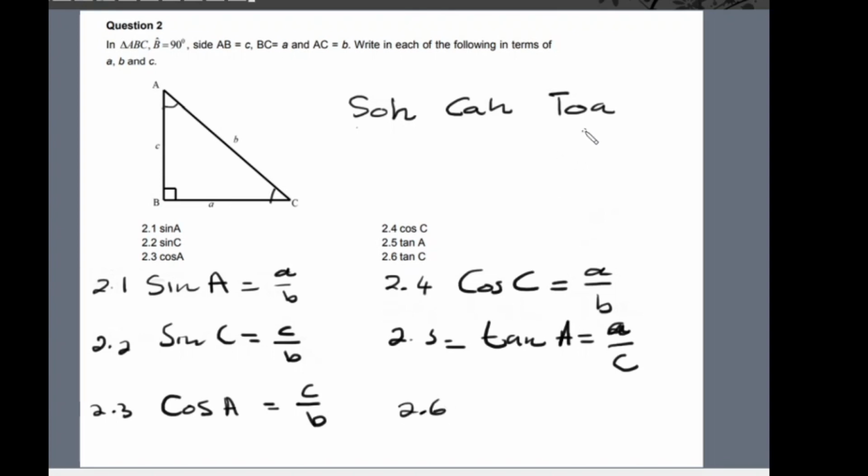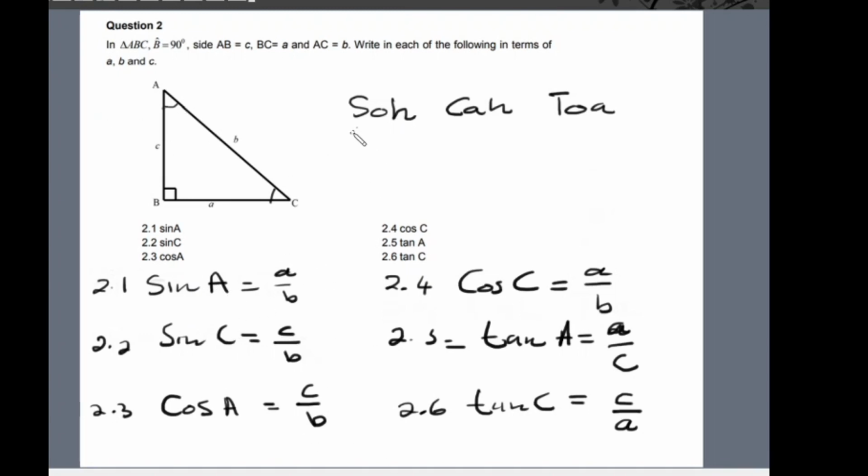2.6, tan again, tan C. Tan is opposite over adjacent, so it's going to be C over A. Okay, yeah, that is question 2. Again, fairly straightforward. Now if you know your trigonometric ratios, you should be able to answer all the questions.